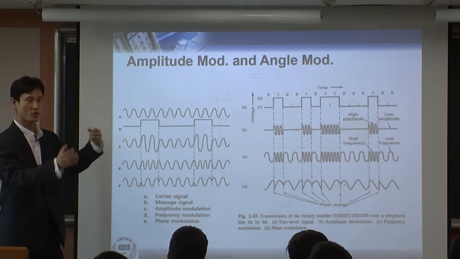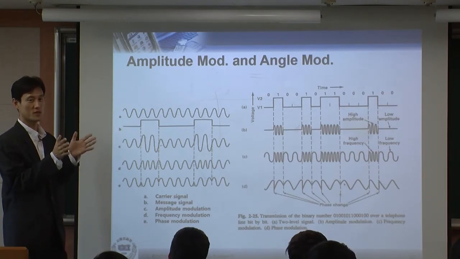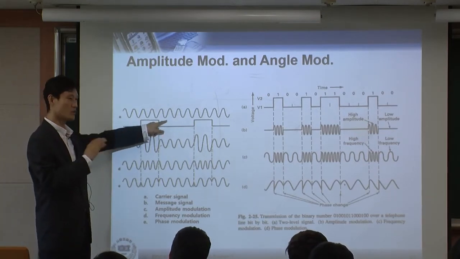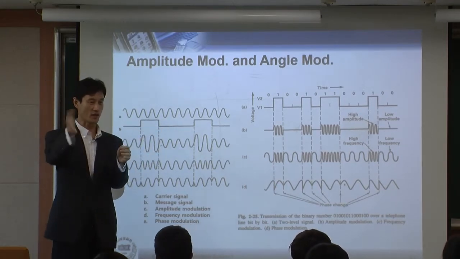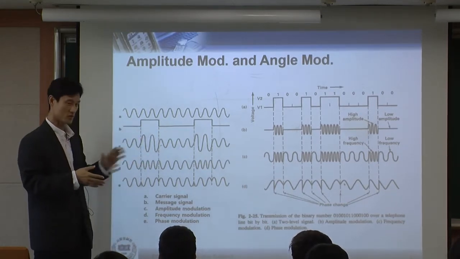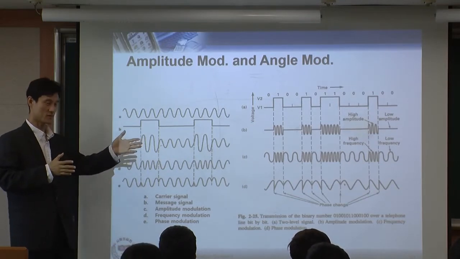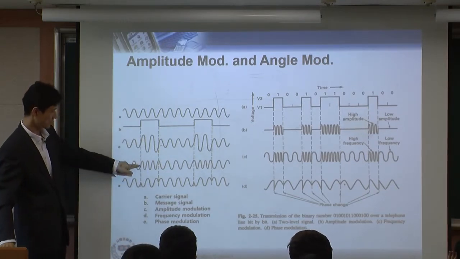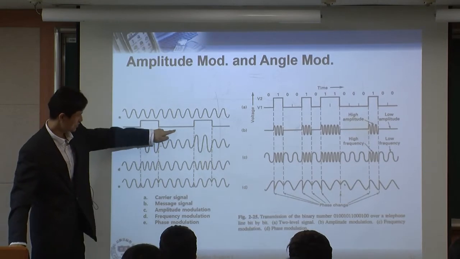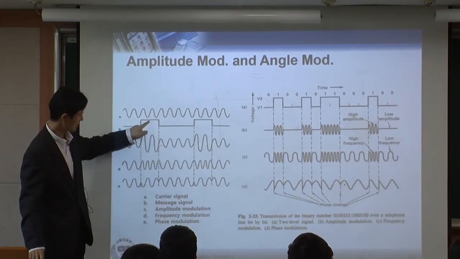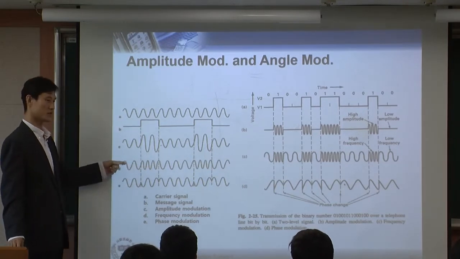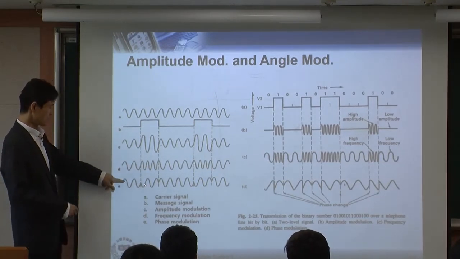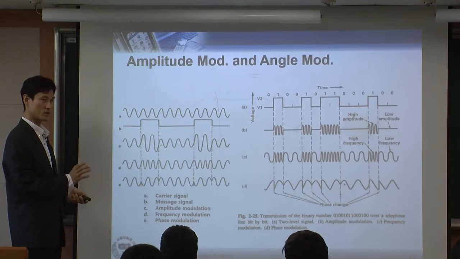Only 2, because you have only 2 different inputs. So for 0, this frequency; for 1, that frequency. That's simply frequency modulation. The last thing here is PM, phase modulation.